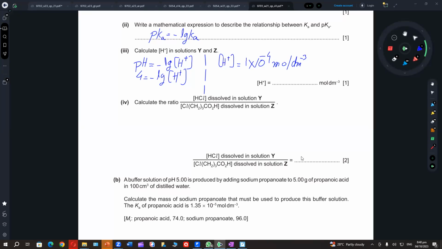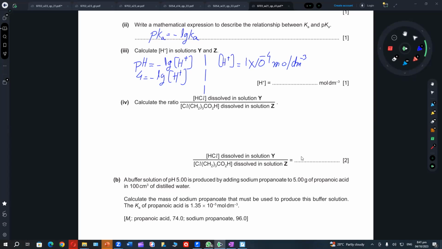One is a stronger acid, HCl, and one is a bit weaker acid. So can we use pKa minus log of acid divided by this? We can take any one of them, the stronger one as an acid and the weaker one as a base, as a salt.